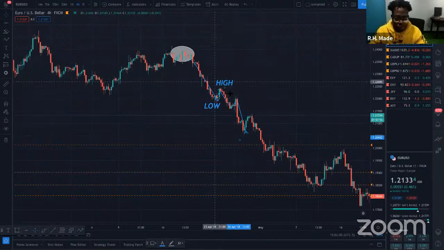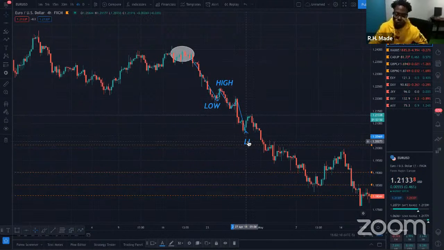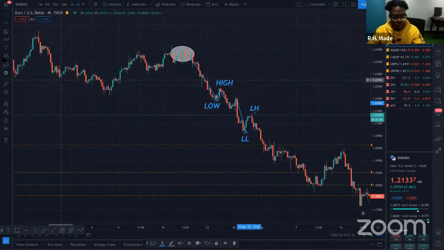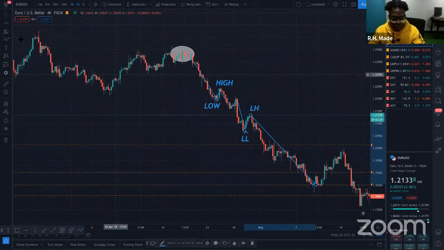This is the lower low right here, and then you make your first lower high on top of here. Comes all the way down, next low, right here.